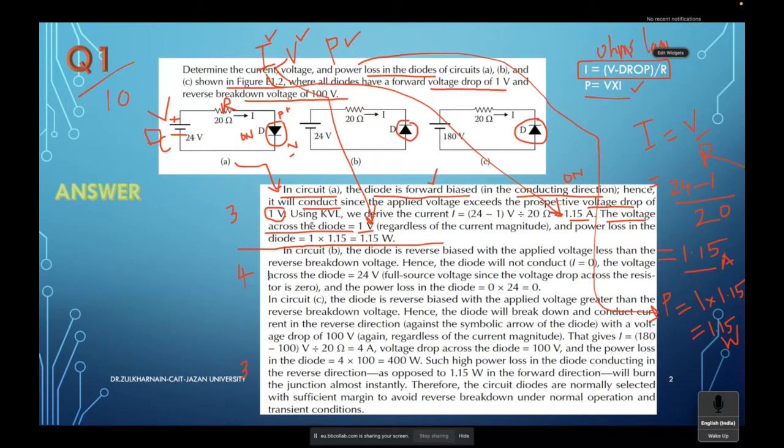Okay, now come to the second part of the circuit, the B bit. So this is the B bit part of the question. I'll use another pen so that I can show it.